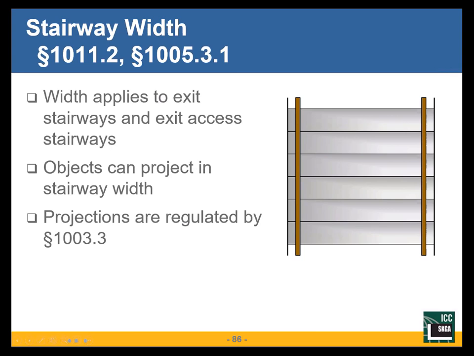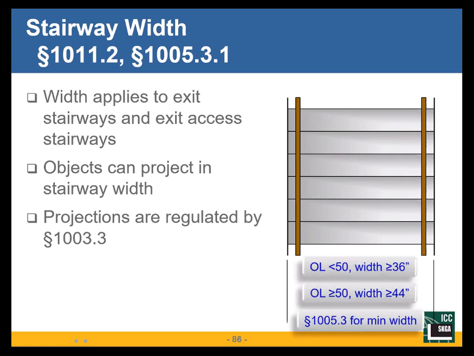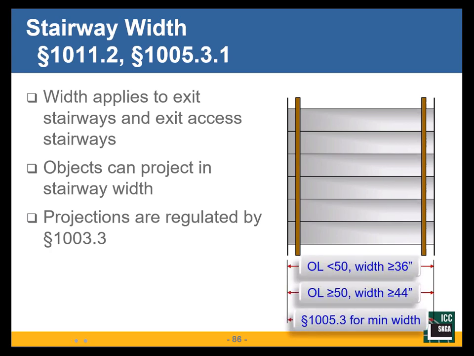So my stairway width, I'm looking at my 0.3 inches per person as my stairway width, and I have some minimums again. 36 inches, or 44 inches if it's 50 or more, and we're measuring edge of tread to edge of tread.